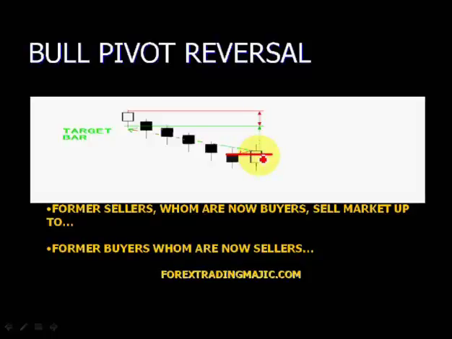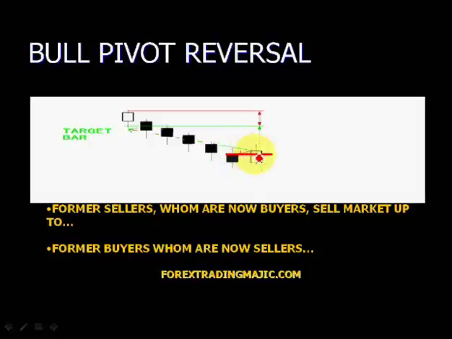Okay, that about covers it for bullish swing reversals and pivots and the actual creation of the pivot point. So I hope now we understand the difference between the actual pivot and pivot point. I forgot one last thing.